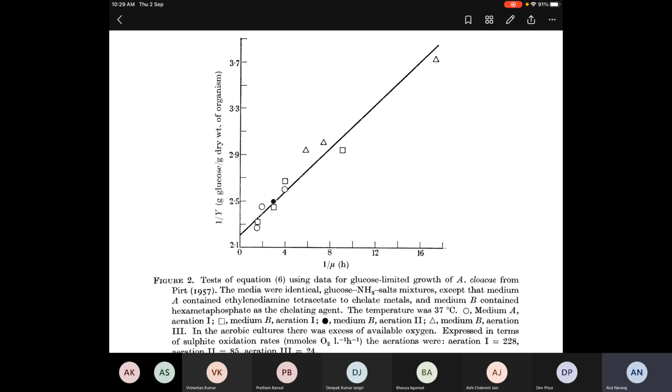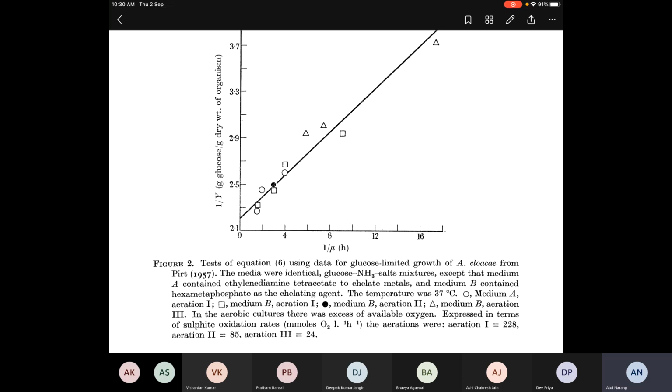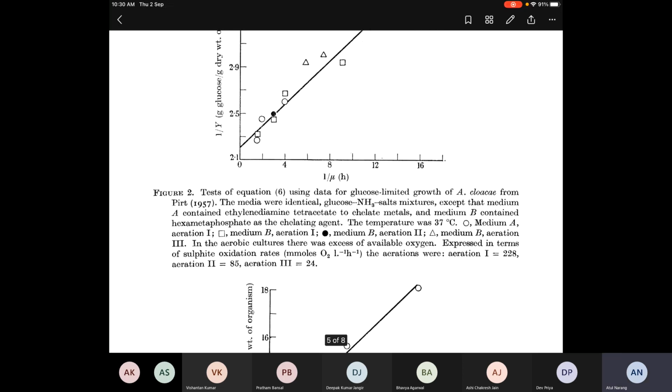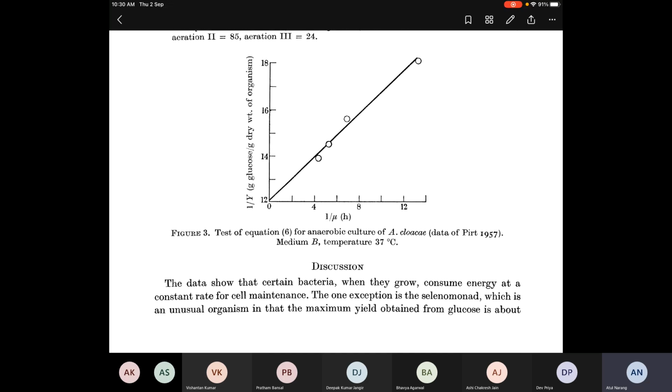This y observed is nothing but D over RS, which is equal to, as I've just told you, SF minus S divided by X. So it's a measurable quantity. He basically took the data of people and plotted it in this way, showed that it is a straight line, and confirmed that his model is correct. So he's saying that all the data fits 1 over y versus 1 over D being a straight line, which means that y is increasing hyperbolically with mu. That part clear? Yes, sir.